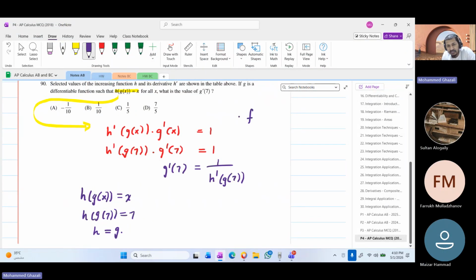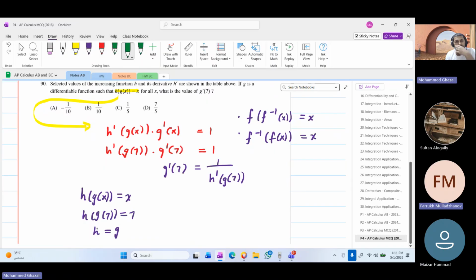Let me just explain something. f of f inverse of x is equal to x. f inverse of f of x is also equal to x. So h and g are inverses of each other. You can say h inverse is equal to g.